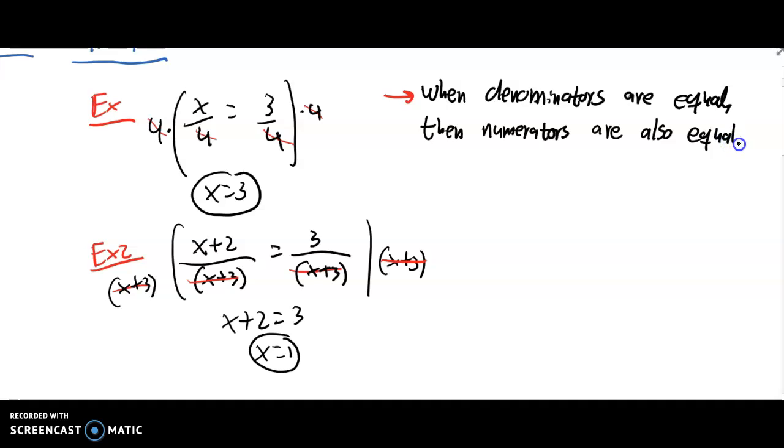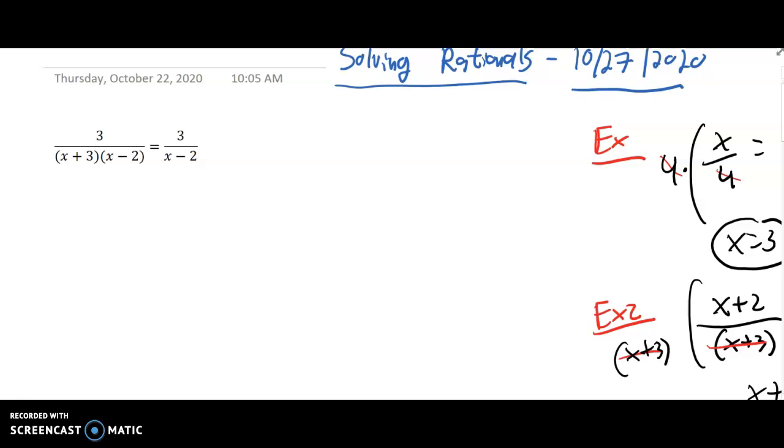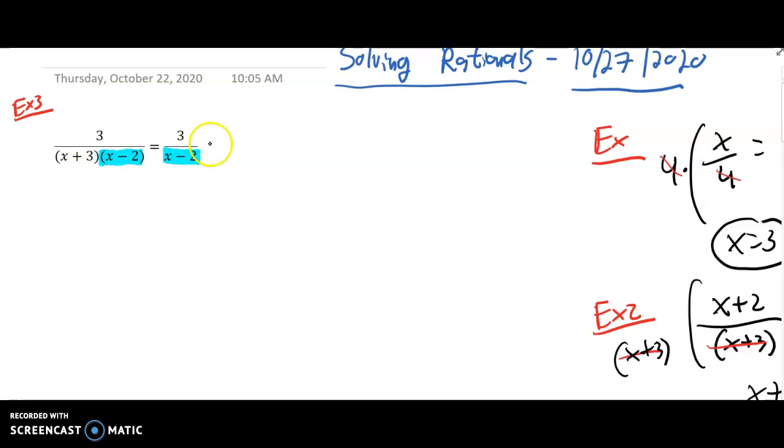Okay, pause wherever you need, but we're going to go to our first real example. Okay, great. Make sure that you pause and that you've written out this example. Okay, so we need the denominators to be the same. I see they both have an x minus 2, so this first one just needs an x plus 3.